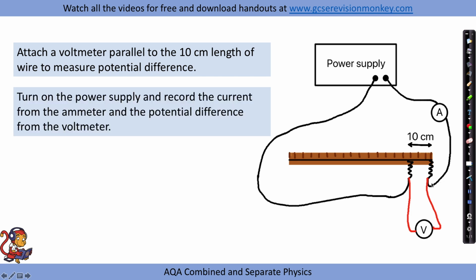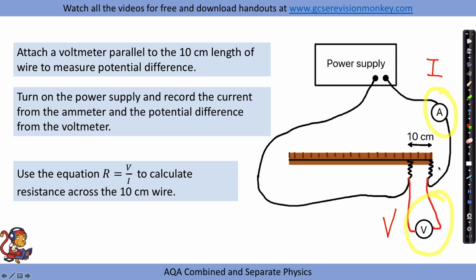We turn on the power supply and record the current from the ammeter, which will give us I. We will record the potential difference from the voltmeter here, and this will give us our V. And finally, we use the equation R equals V divided by I to calculate the resistance across the 10 centimeters piece of wire.